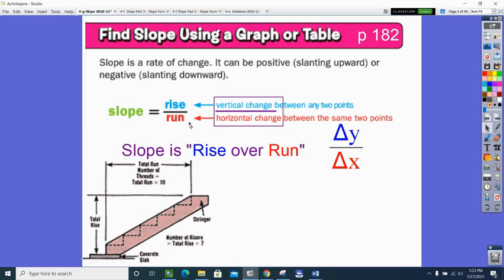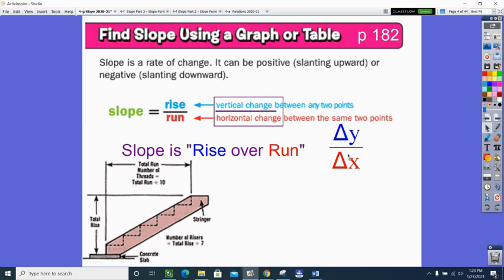So one thing I always say to my students is if we had to get out of the room in a hurry, if there was a fire alarm, you would rise before you run. So remember that the leader is your top number. So rise goes on top, run goes on the bottom. The number one mistake in slope is to reverse that.